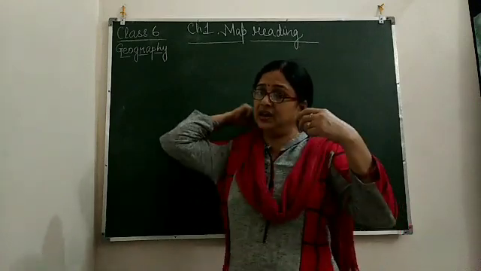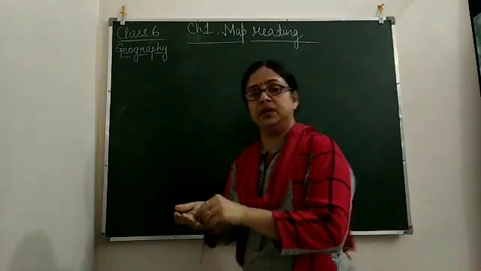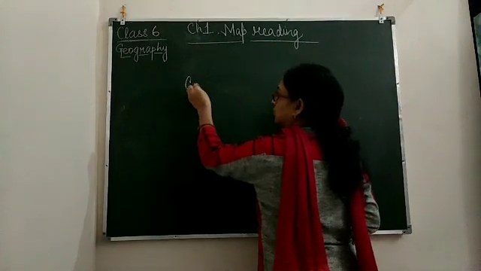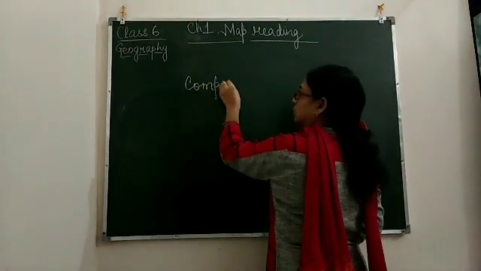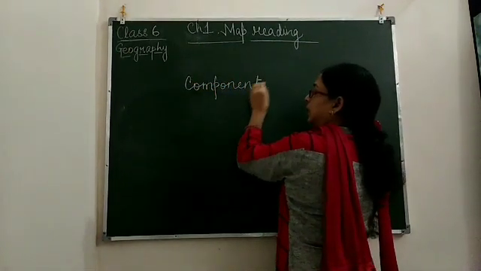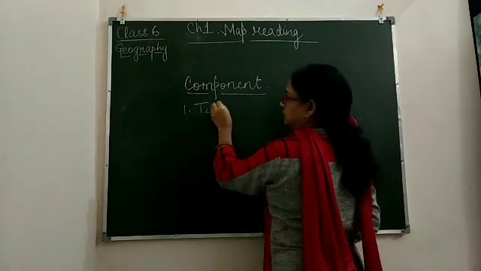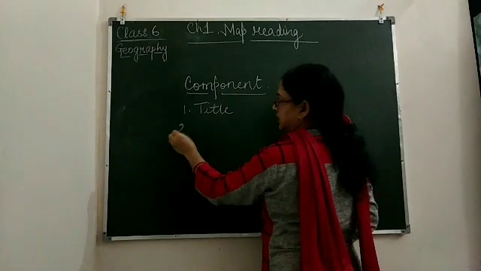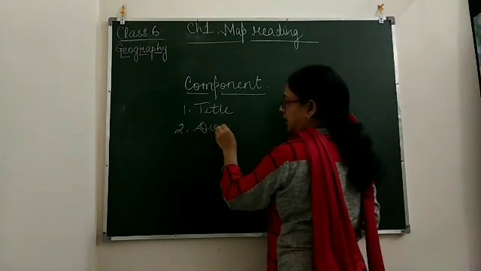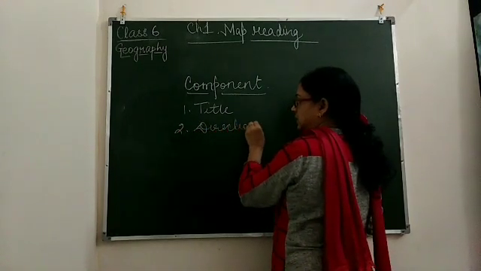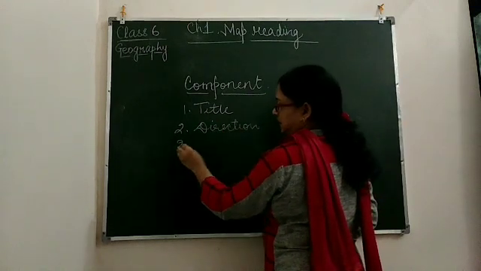Without these, the map is incomplete. The first important one is the title. The second one is direction. And the third one is scale.